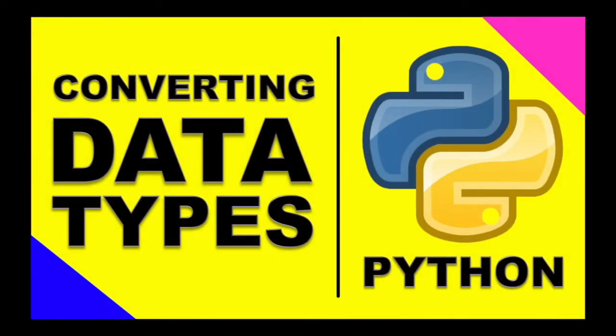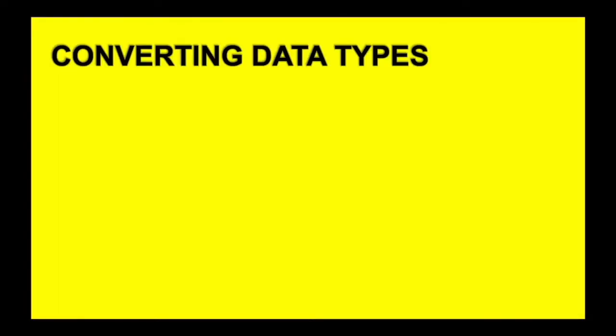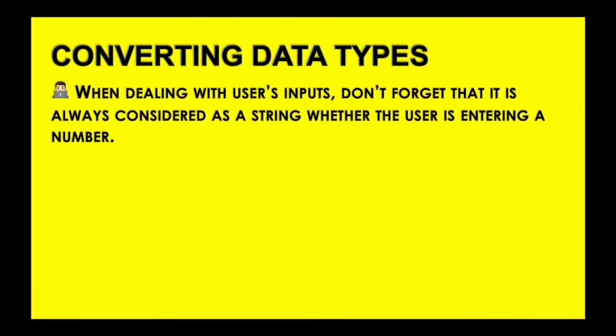Okay, so with regards to converting data types, my friends, when dealing with users' inputs, don't forget that it is always considered as a string whether the user is entering a number, just like what I have said also in our previous video tutorial. So don't forget, the user's inputs are always considered as strings.